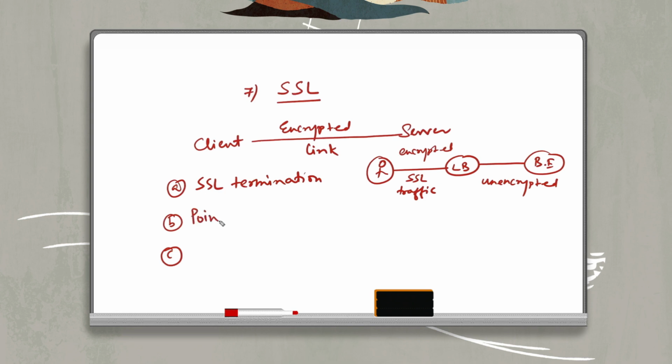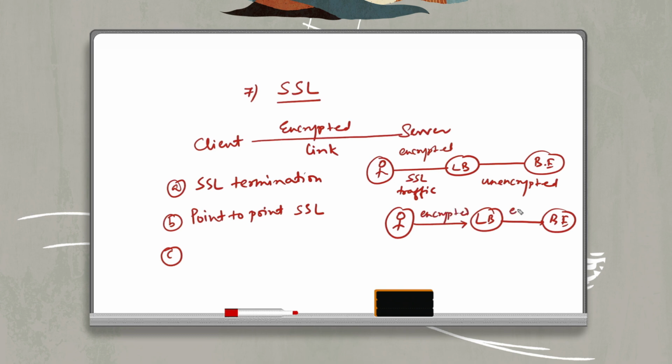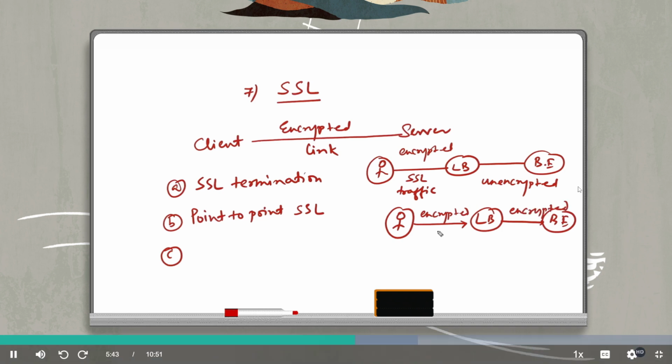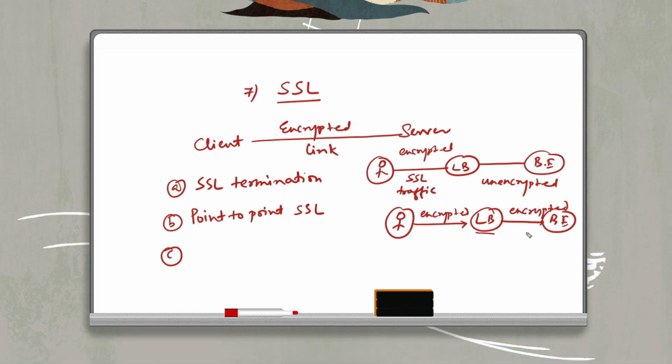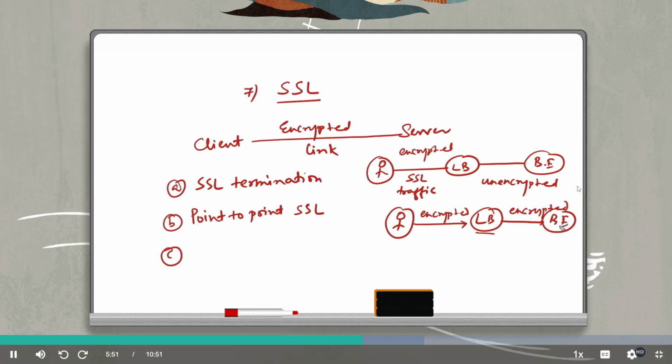Then there is a concept of point-to-point SSL. In this case, if we redraw it, the SSL is terminated at the load balancer. So this is encrypted. This is also encrypted, but here the SSL is going to terminate, and then the load balancer is going to reinitiate an SSL to the backend, and therefore we call it point-to-point SSL.